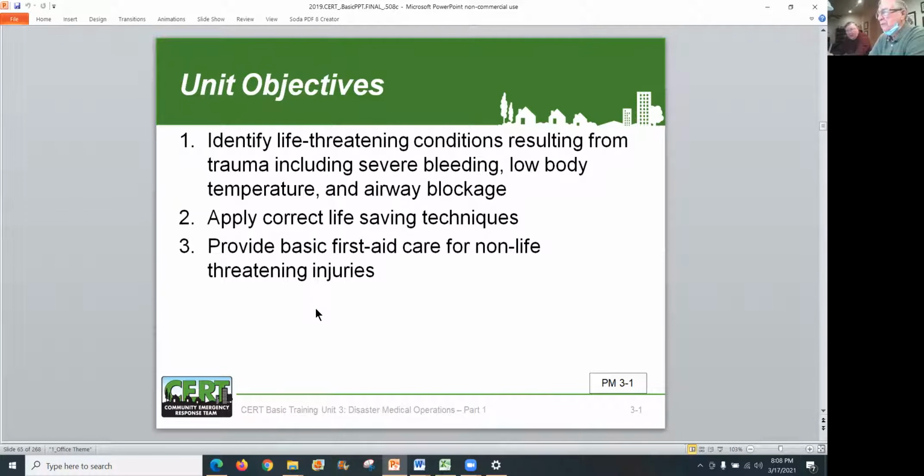And I think we'd all be able to recognize traumatic conditions that require intervention from somebody else with a little bit better knowledge.